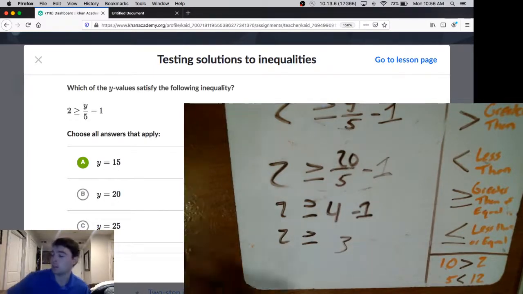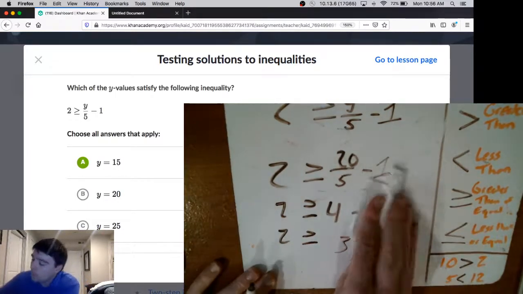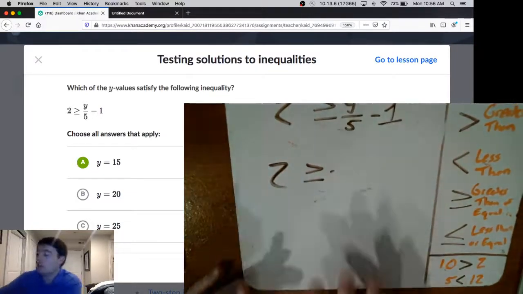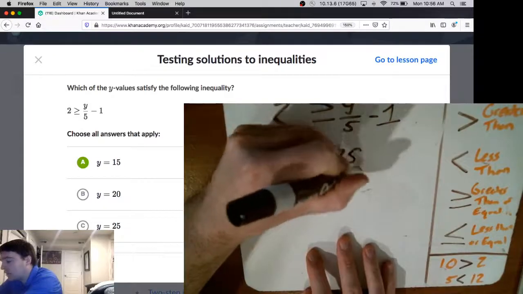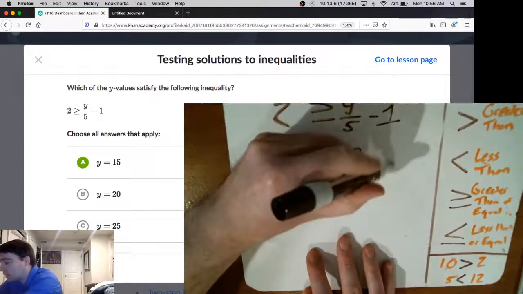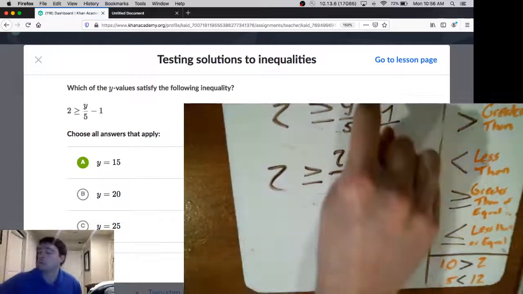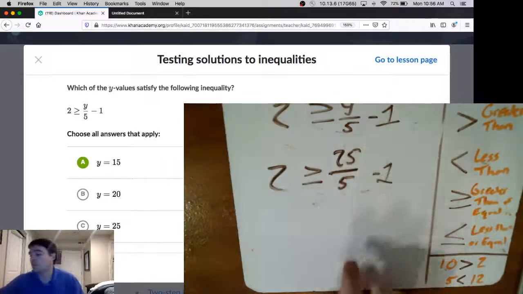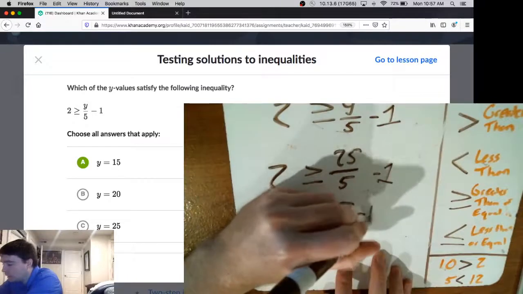C says y is 25. So if I go back into this inequality and I replace the y with 25, that becomes 25 divided by 5 minus 1. When I do 25 divided by 5, that gives me 5.